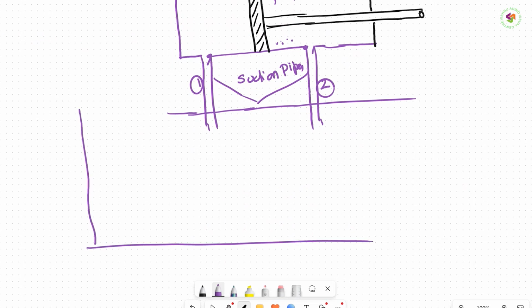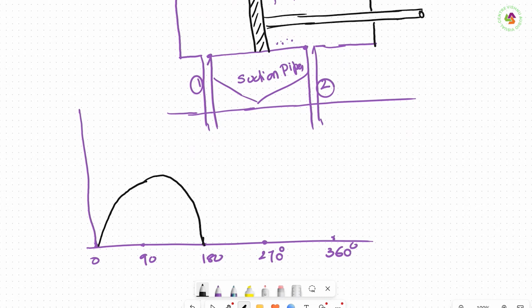Because liquid is in contact on both sides, there is always water. This is theta equal to 0, 90, 180, 270, 360. The suction stroke of the first set of pipes is the delivery stroke for the second set of pipes.